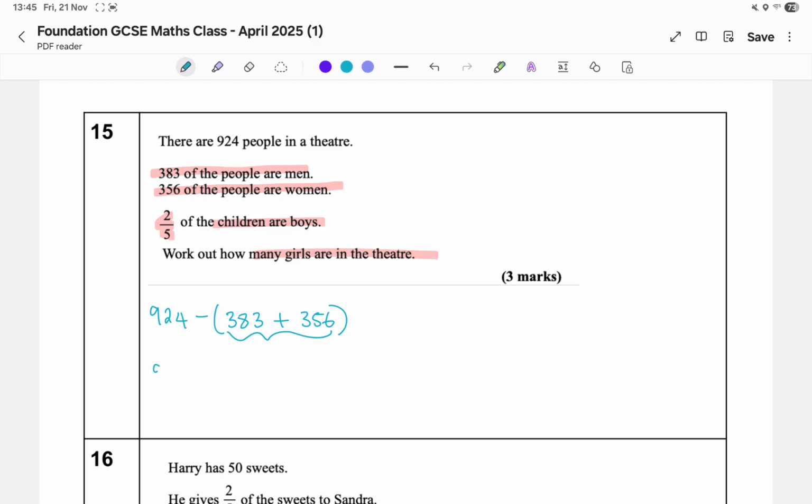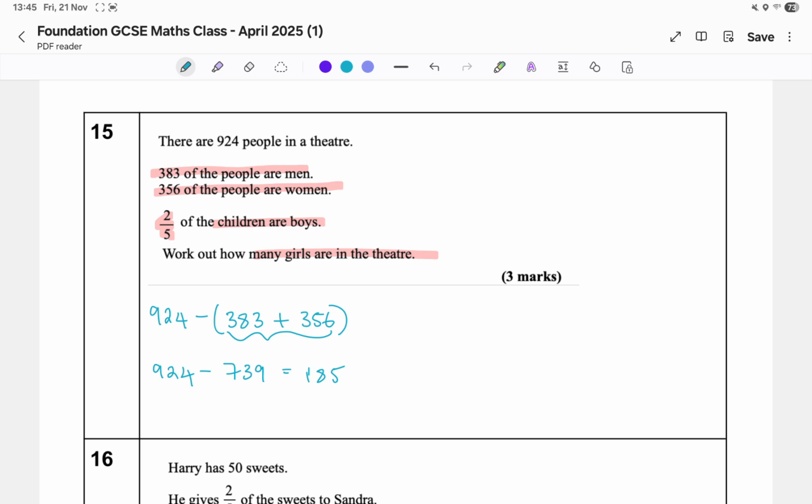So I can see that is 924 take away, if you add these up together, 739. And if you work that out, 924 take away 739 is 185.